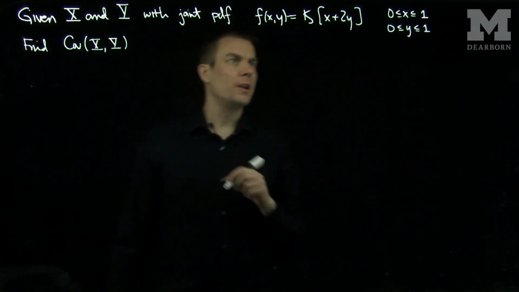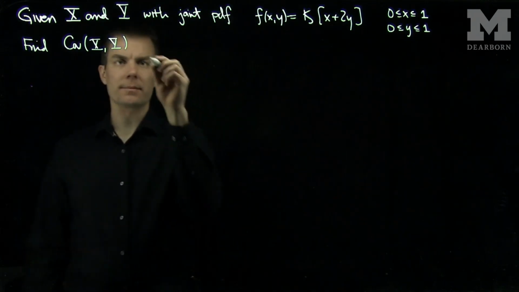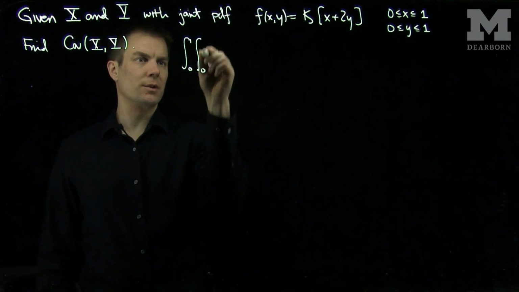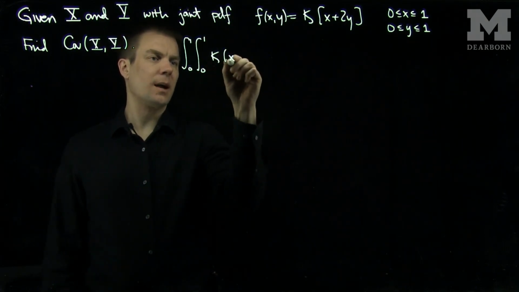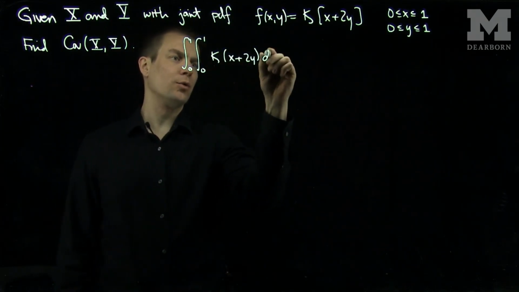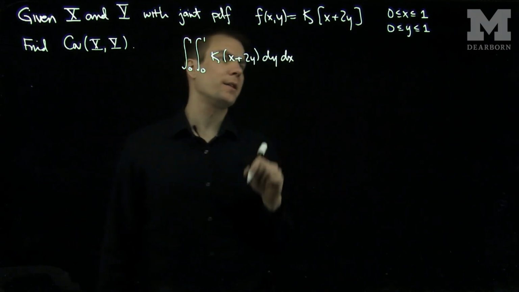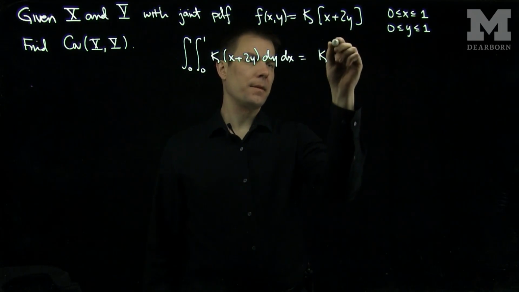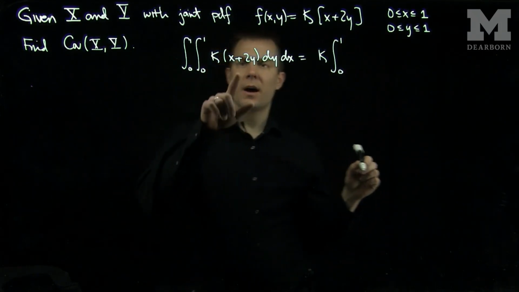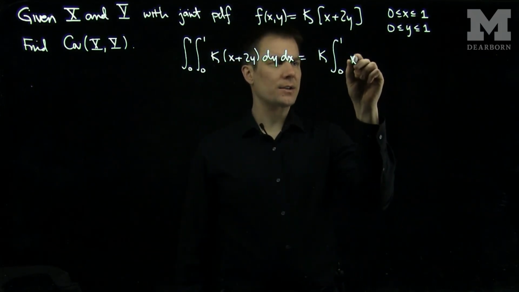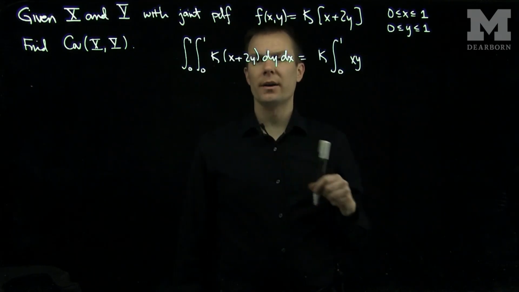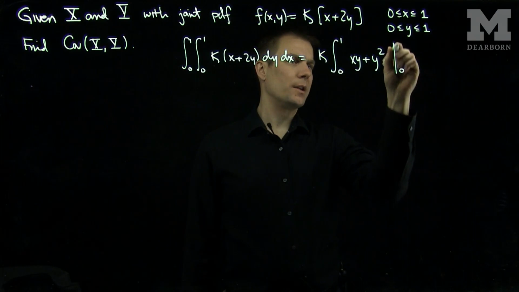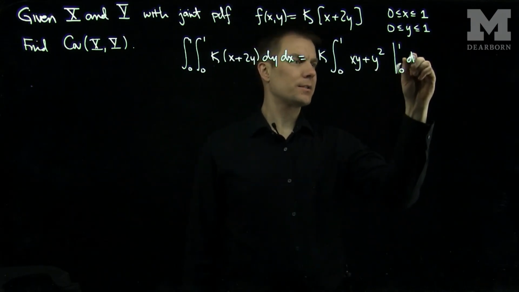Well, we need to find what the PDF is, so we'll find the value k by doing the integral from 0 to 1, the integral from 0 to 1 of k times (x plus 2y) dy dx, or dx dy, doesn't matter. This will be equal to k, the integral from 0 to 1. I'll do a y integration of this. I'll have an x times y, and a y integration of 2y is just going to be y squared, and y goes between 0 and 1, dx.